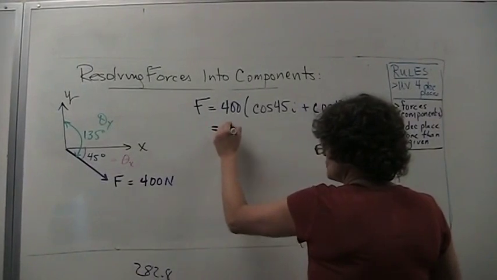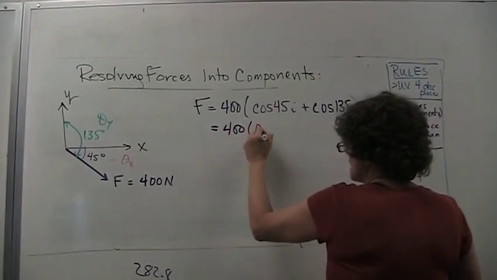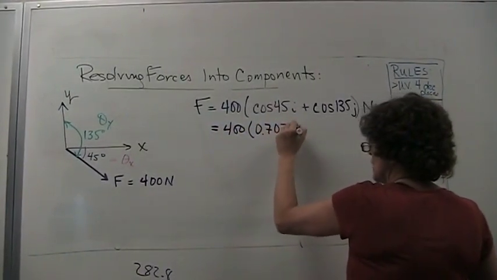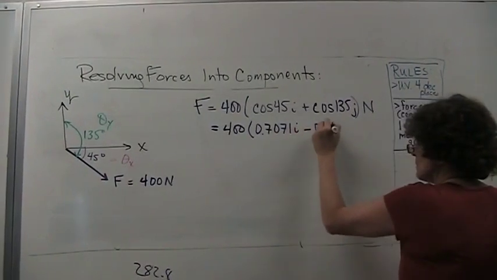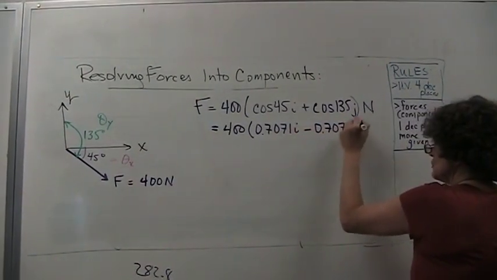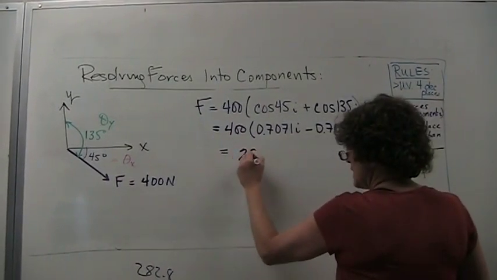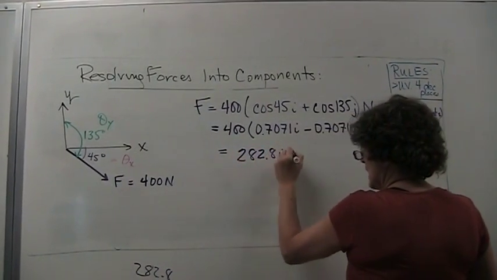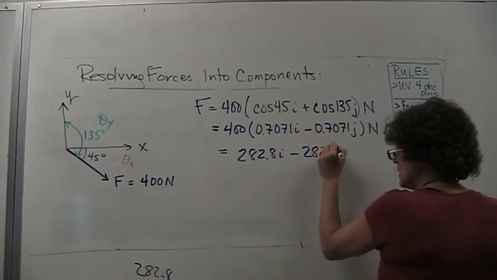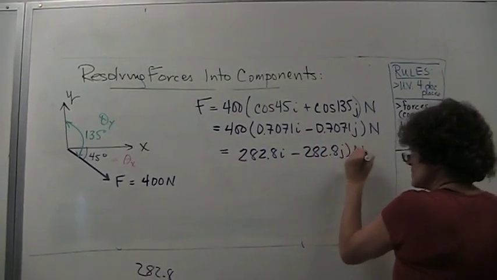So this comes out to 400 times 0.7071 i minus 0.7071 j newtons. And this comes out to be 282.8 i minus 282.8 j newtons.